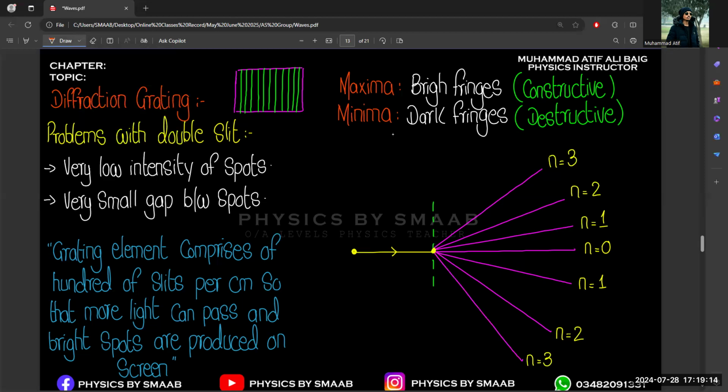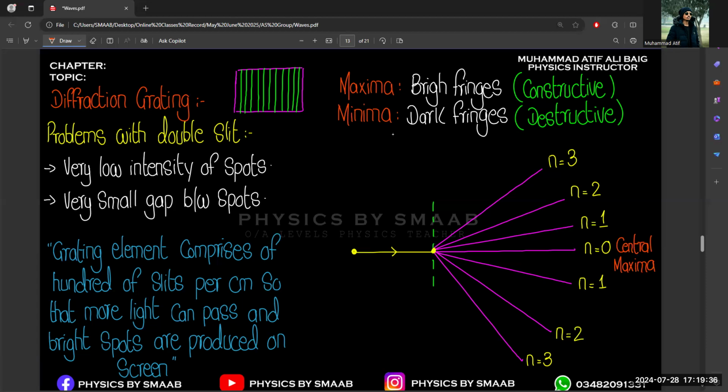And as we already know, the central one is called central maxima, 0th order. This is central maxima. Then we have first order, second order maxima.